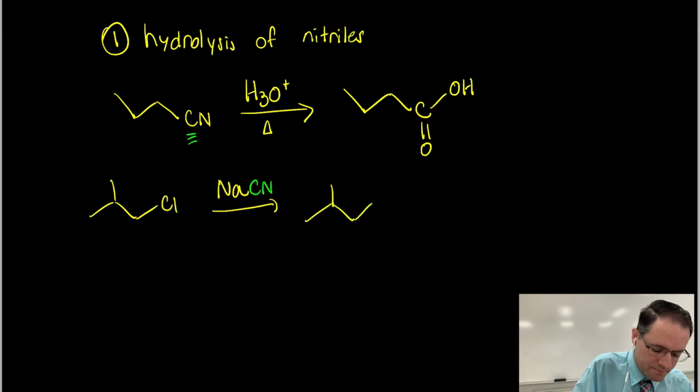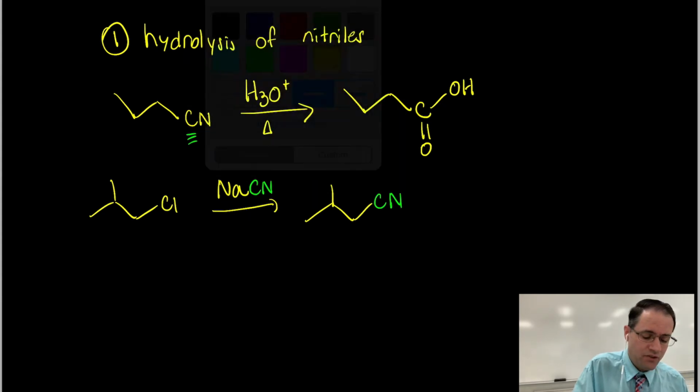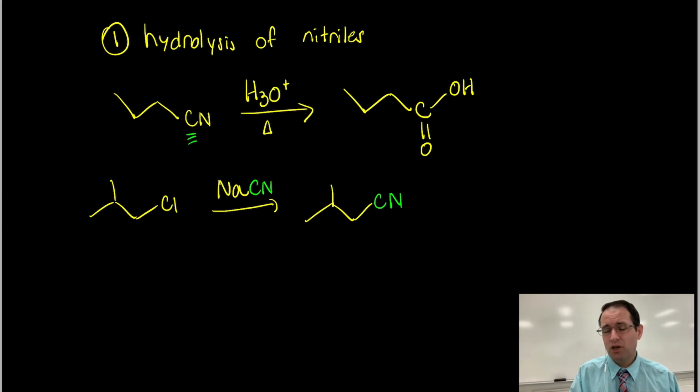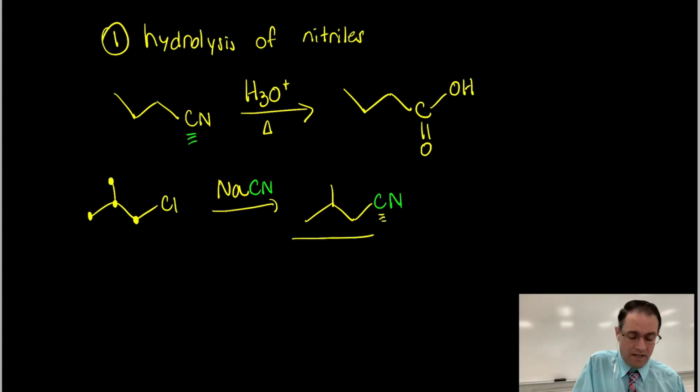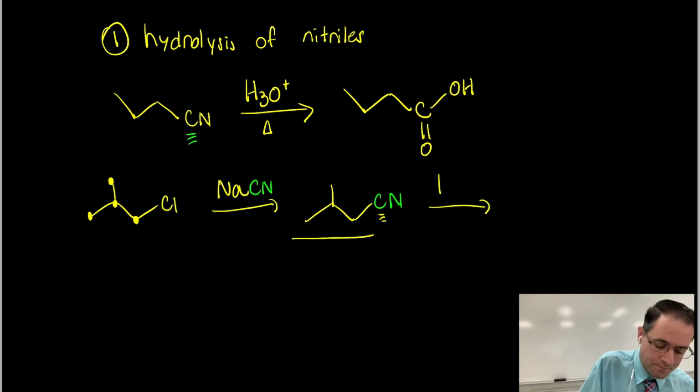And I'm highlighting this in green so that you can see we're growing the carbon chain by one carbon. You see, cyanide contains a carbon, and it's actually added to the molecule now, all right? So here I have a molecule with only 4 carbons, and here I have a molecule with 5 carbons, and so that's going to make a carboxylic acid that has a total of 5 carbons.